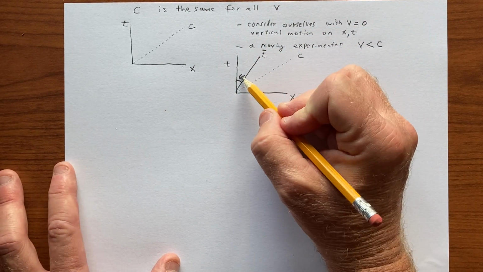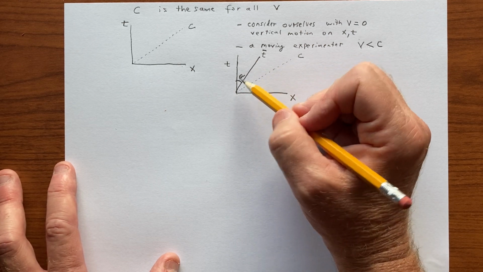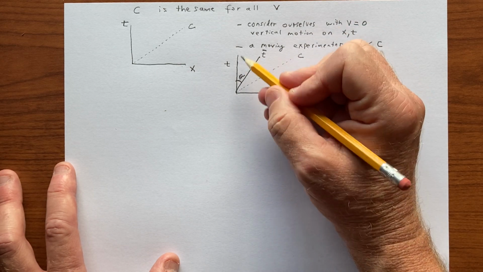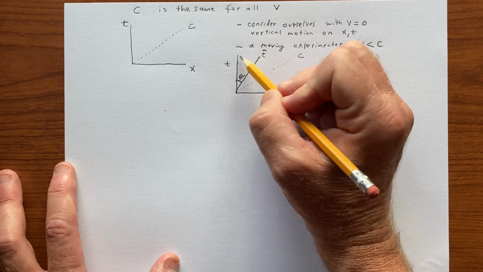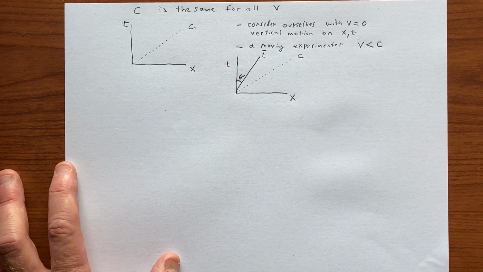So in fact, the tangent of this angle is the speed of this observer, because it's just the opposite over the adjacent, and that's just the distance traveled horizontally over the time that passes vertically there.